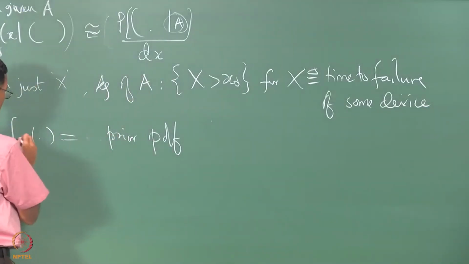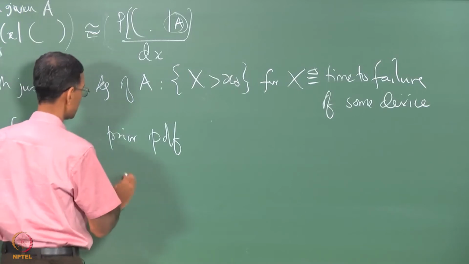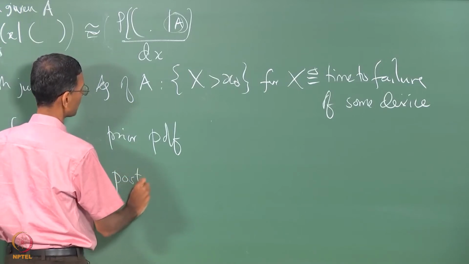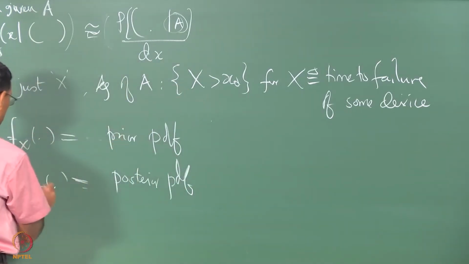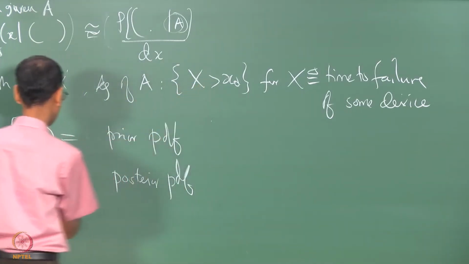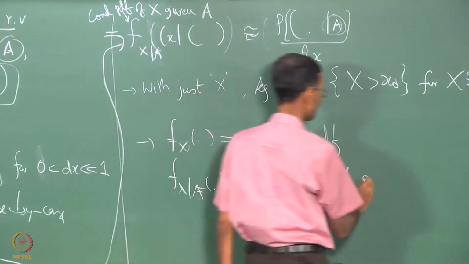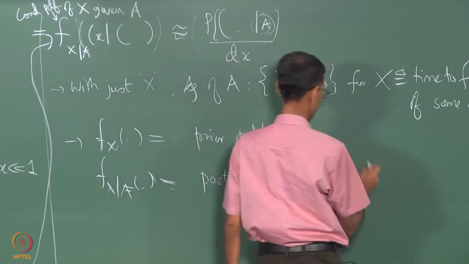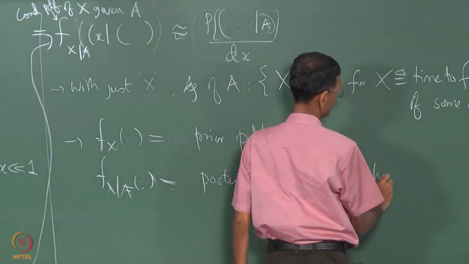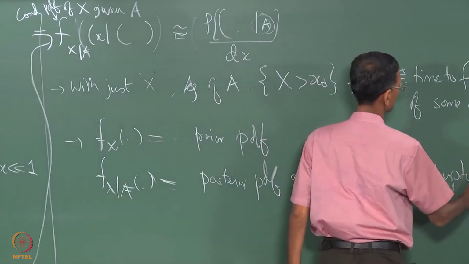So what is this f_X given A? This will be the posterior PDF, given that for this particular A, that is, for X greater than x naught. So this could be the posterior given that the device has worked up to x naught.